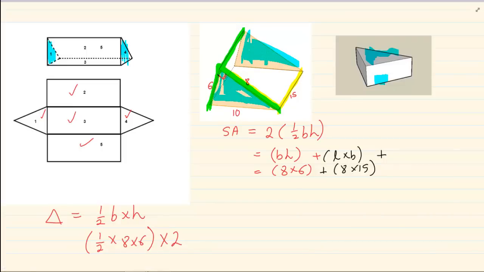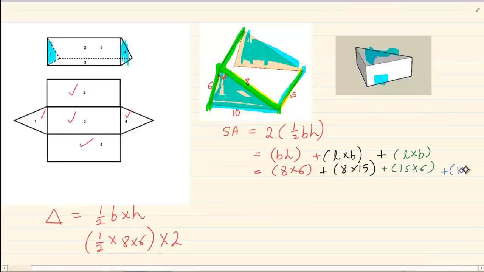So it's going to be 15 times 6. Look again, it is the concept of length times breadth because it is a rectangle. Then we're doing the last one, which is at the bottom, the base, which is again 10 times 15. So again it is length times breadth.